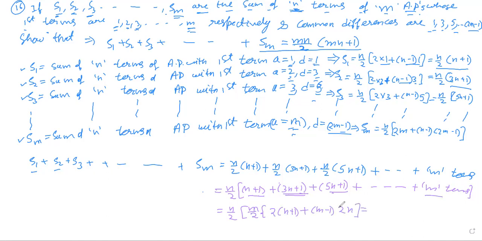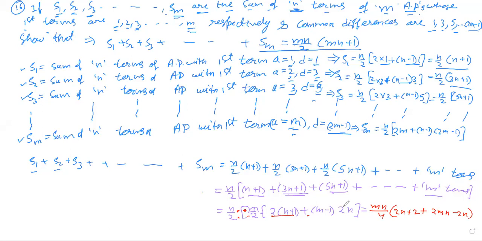Okay, so it is then n by 2 into m by 2, and 2 into 2 is 4. So mn by 4, and inside the bracket 2n plus 2, plus open the bracket, 2mn minus 2n.